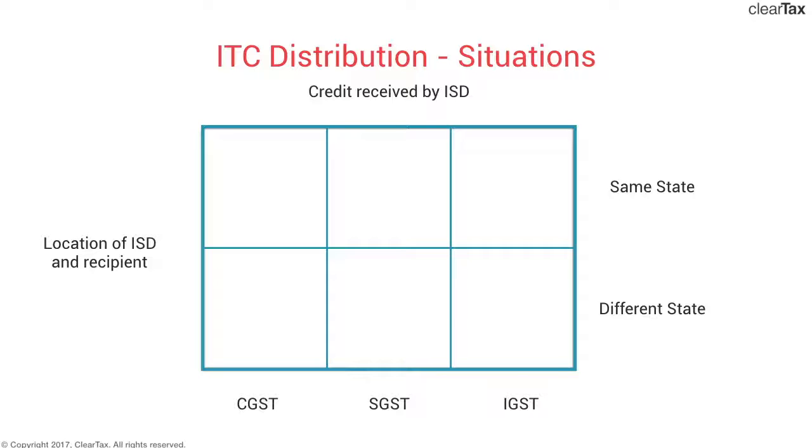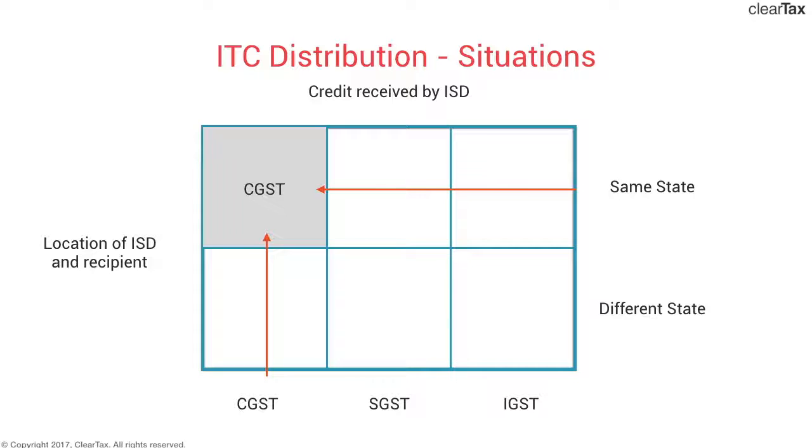Let's take up the first situation where the location is in the same state, both ISD and recipient are in the same state, and the ISD has received a credit of CGST. He can transfer this CGST as CGST. So CGST can be transferred as CGST only if the location is within the same state.